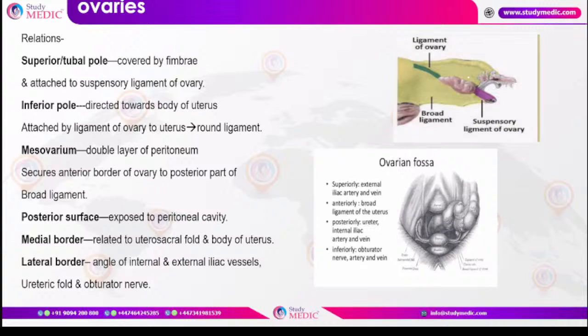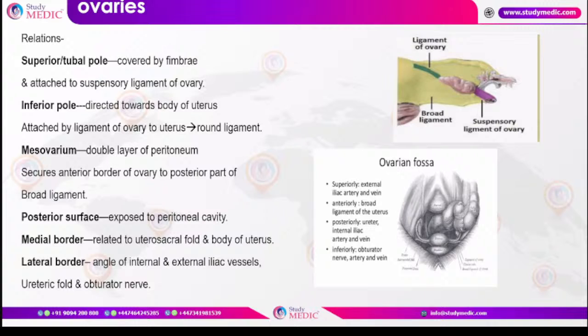So it is round ligament, tube, and ovary from anterior to posterior. Then the posterior surface of the ovary is open to the peritoneal cavity. The medial border is related to the uterosacral fold and the body of the uterus. The lateral border is related to the angle of the internal and external iliac vessels. And then you have the ureteric fold and the obturator.